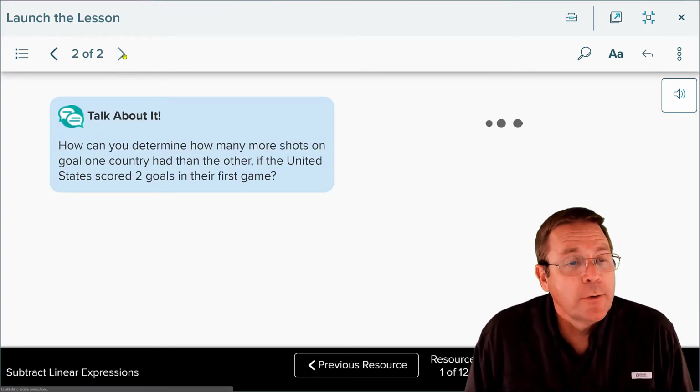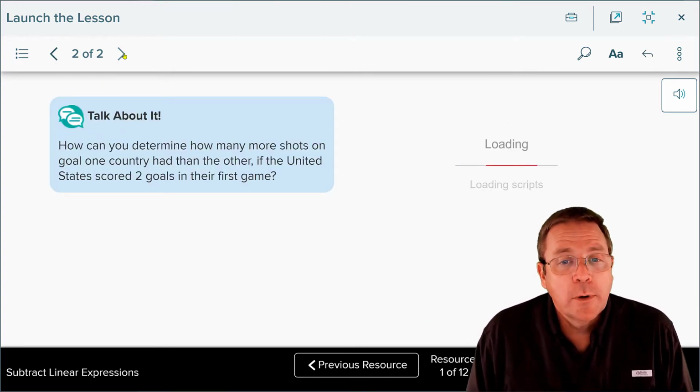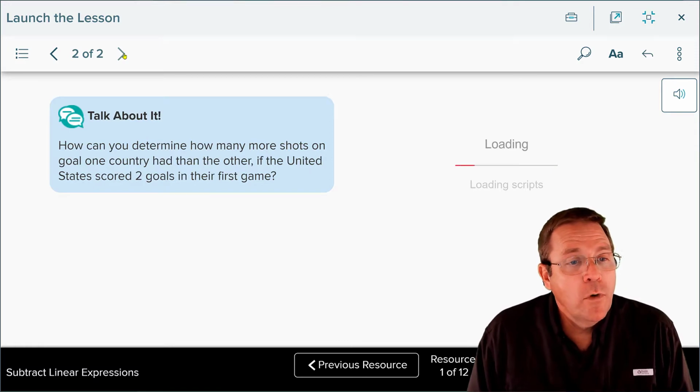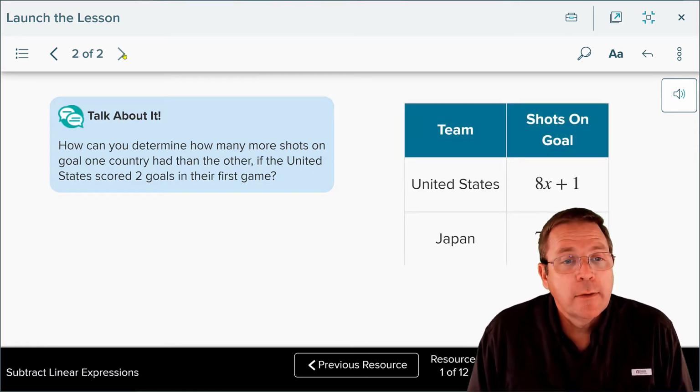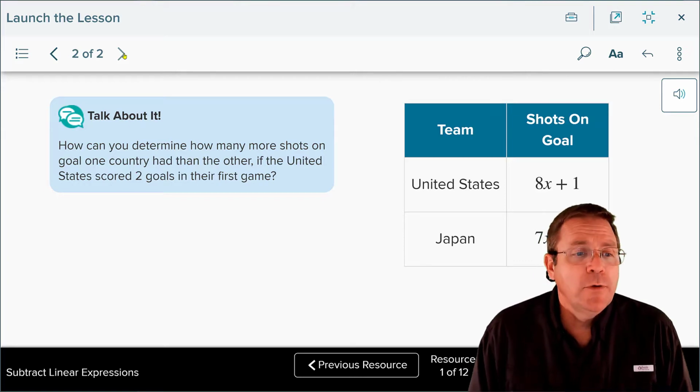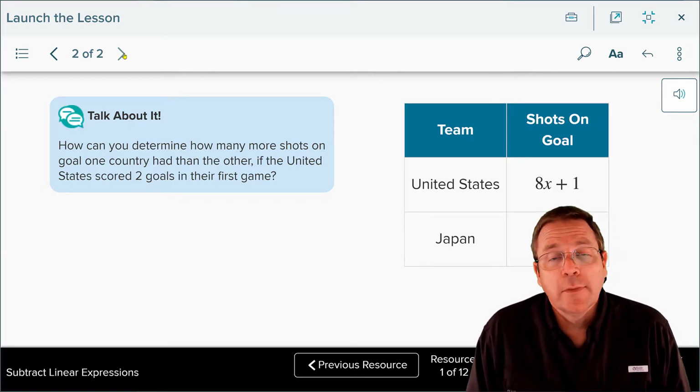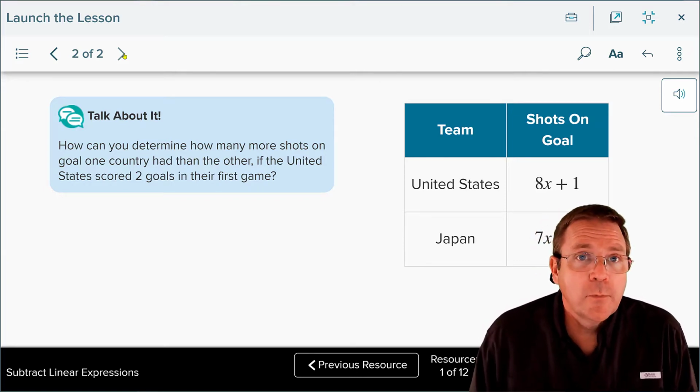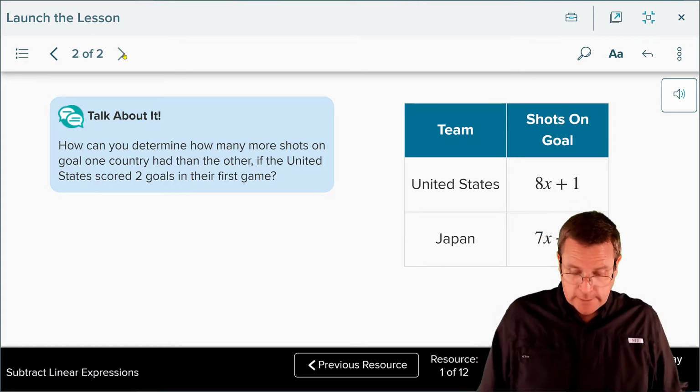Yeah, sure they do. How can you determine the total number of shots on the goal one country had? Let's read this again. How can you determine how many more shots on the goal one country had than the other if the United States scored 2 goals in the first game? These are the things we're going to learn about in this lesson.